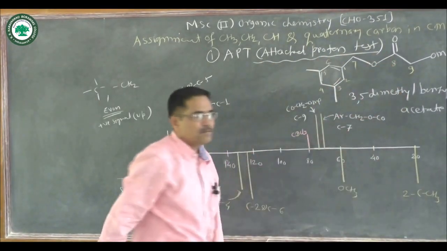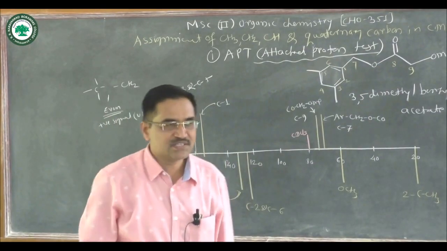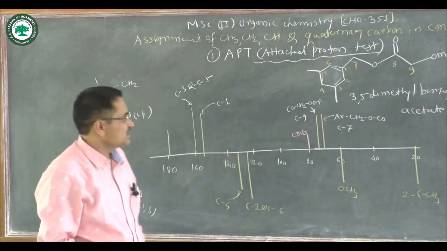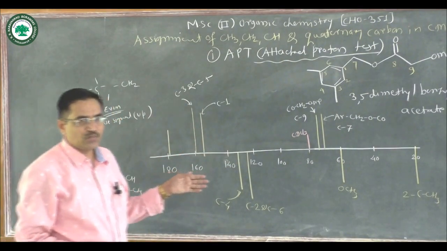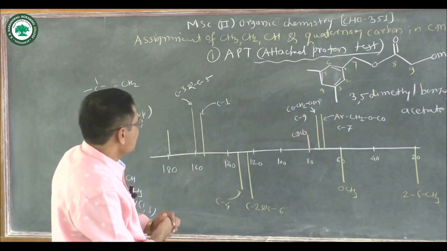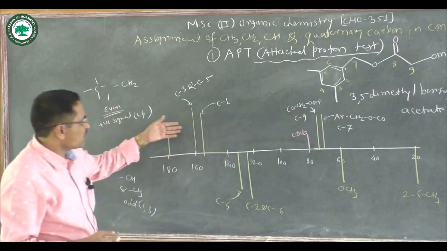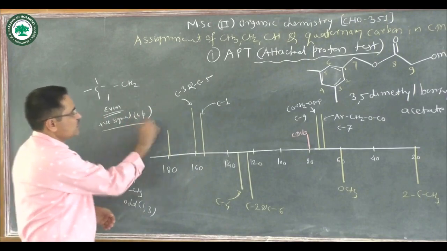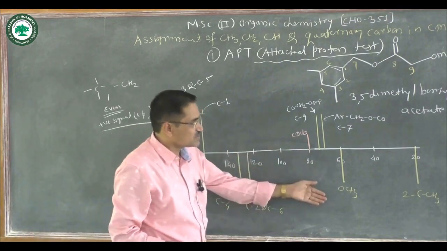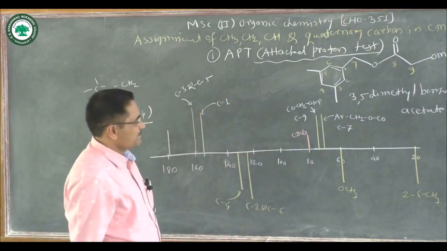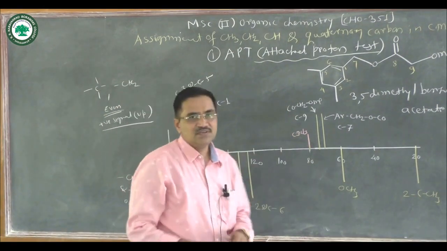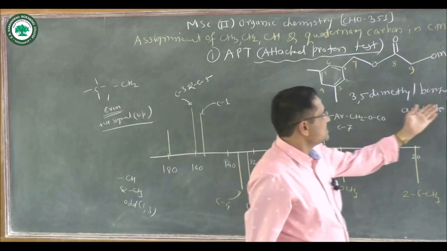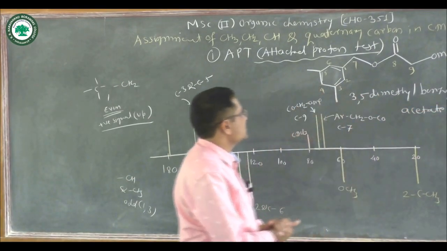For this, multiple sequences take place, and on the basis of that we obtain two spectra. The upper side is the positive spectra and the downward side is the negative spectra. For this we consider one example, 3,5-dimethyl benzyl methoxy acetate.